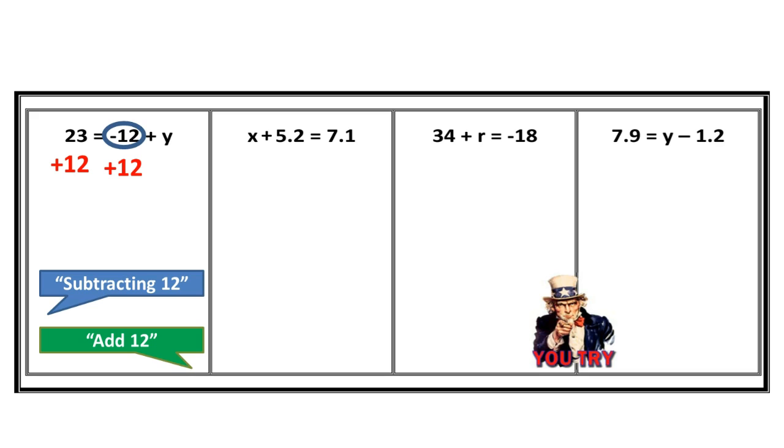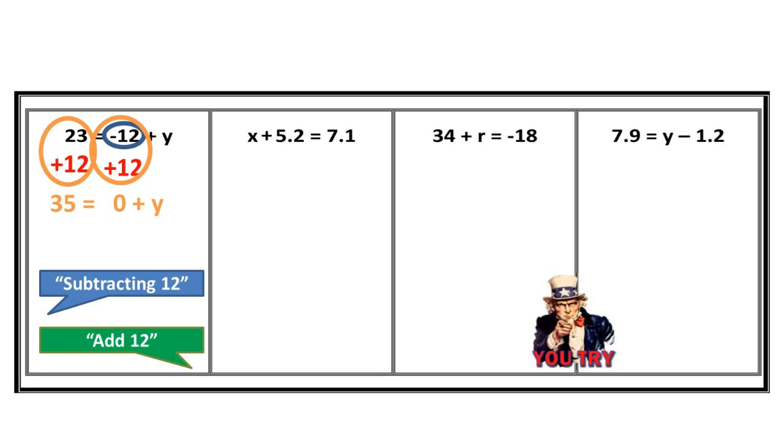When I add it to the left side, 23 plus 12 gives me 35. That can be a little calculator moment. We're breaking it down into easy little steps instead of looking at the whole equation as one big challenge problem. Negative 12 plus positive 12 gives us our identity of 0. 0 plus y.